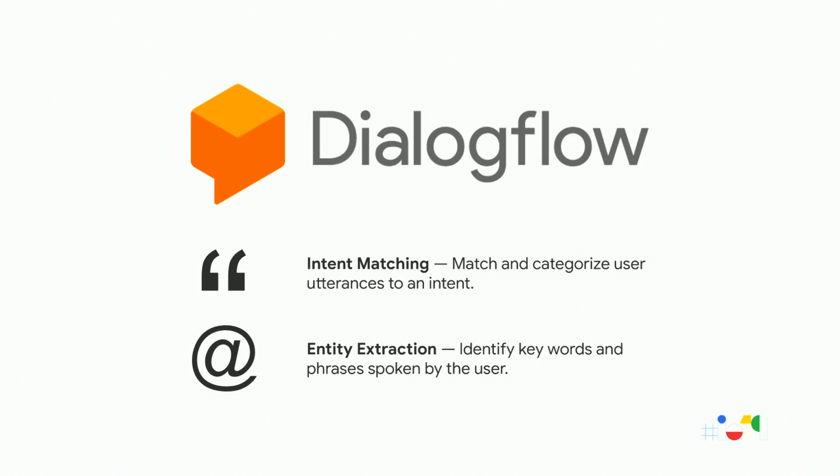And then what's really great is it does entity extraction, which means it can get different pieces of data from the user's utterance and pass them as a parameter to our backend. So the animal type could be grabbed from the user's saying and passed to us as a parameter, and we could query our database to pick out the best animals for this user.